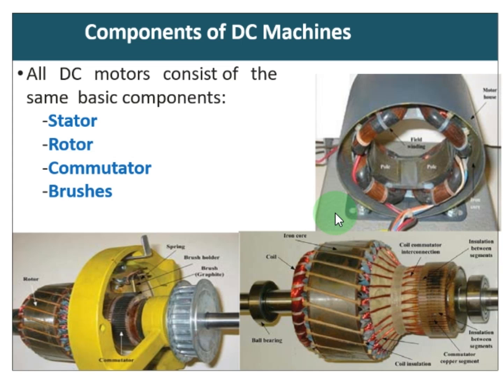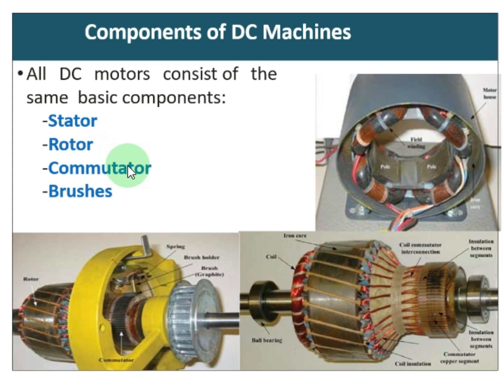So now let's get familiar with the terminology before we understand the way DC motors work. All motors consist of the same basic components. They are called stator, rotor, commutator, and brushes. Right? Stator, rotor, commutator, and brushes. Stator means the steady part, rotor means the rotating part.